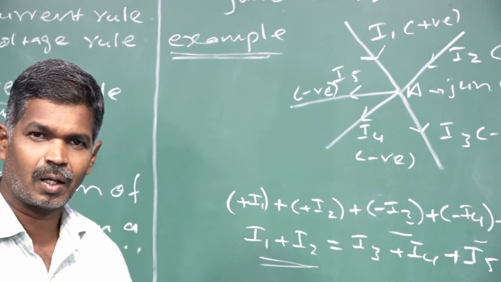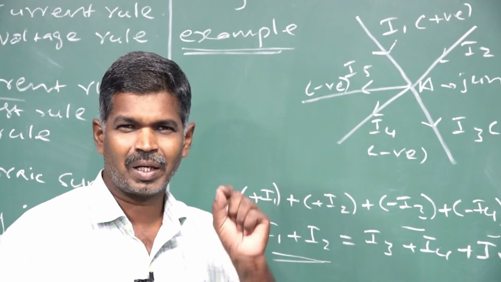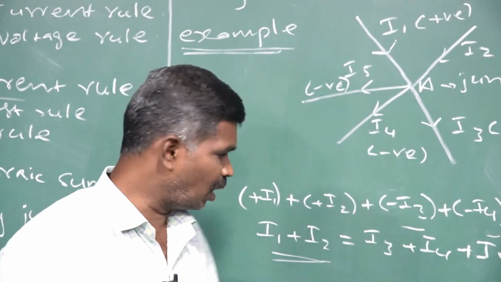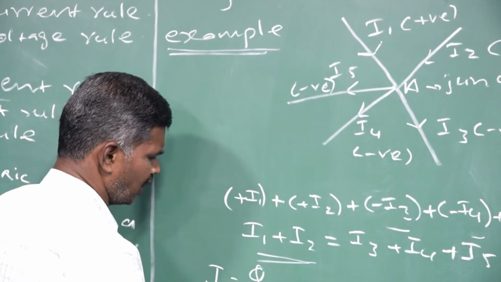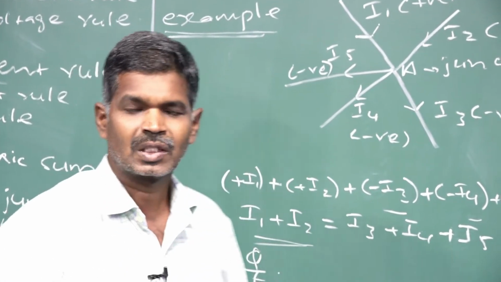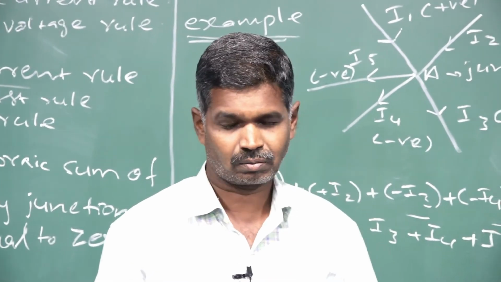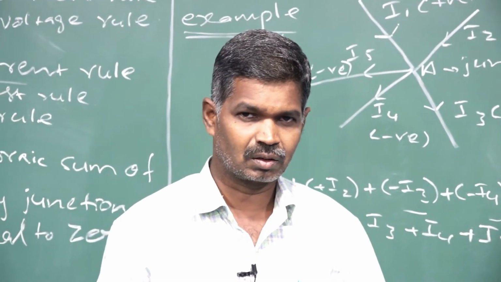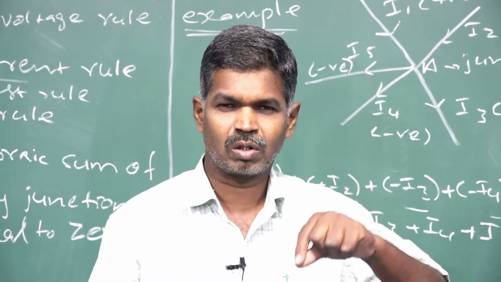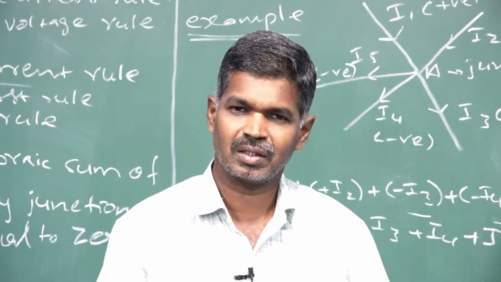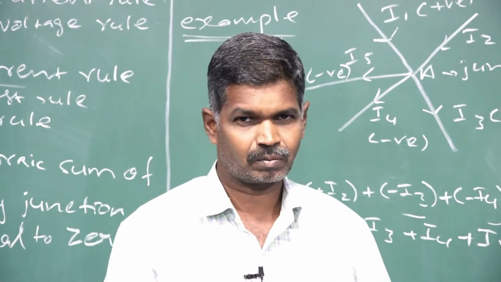And another one, we have the basic current definition. In that basic current definition, the formula is I is equal to Q by T. We can define the current as the rate of flow of charge. What that means is, current flows towards or away from the junction means charges are moving towards or away.